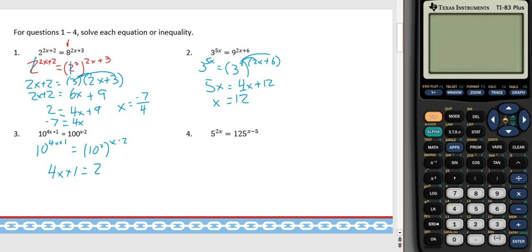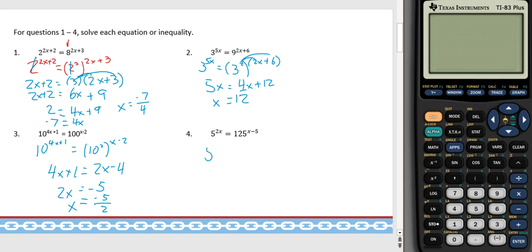So when I distribute here, I will get 10x minus 4. When I work to solve for x, I'm going to move my x's to the left side, so I'll have 2x left over here. I'm going to subtract this 1 over to the right side, so I have 2x equals negative 5. Last step would be to divide out the 2, so I would end up with negative 5 halves.